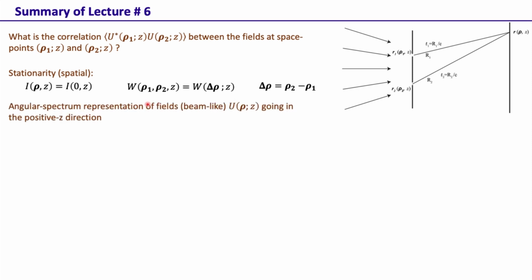We then also looked at the angular spectrum representation of fields going in the positive z direction. This is very similar to what we did in the time domain when we looked at the frequency domain representation of a time domain signal. But when we are discussing the angular spectrum representation, it is a little different.